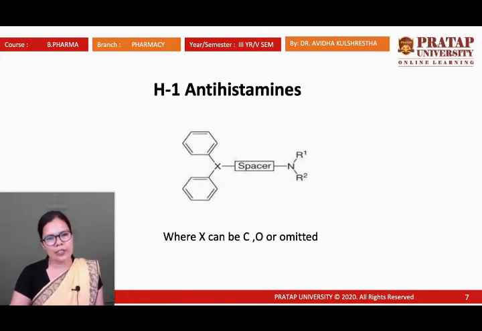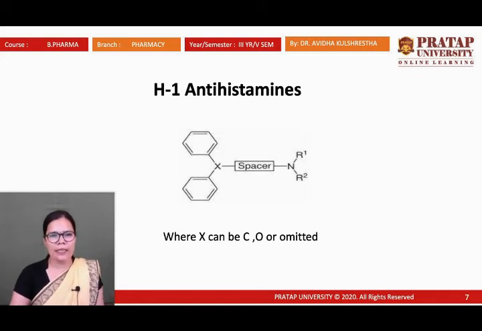In the basic structure of H1 antihistamine, you can see the active pharmacophore part: the nitrogen connected with two alkyl groups. This is the part that interacts with histamine and blocks its activity, and the phenyl rings provide the stability of the structure.